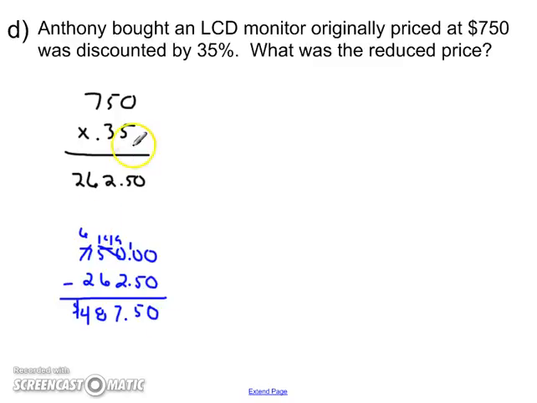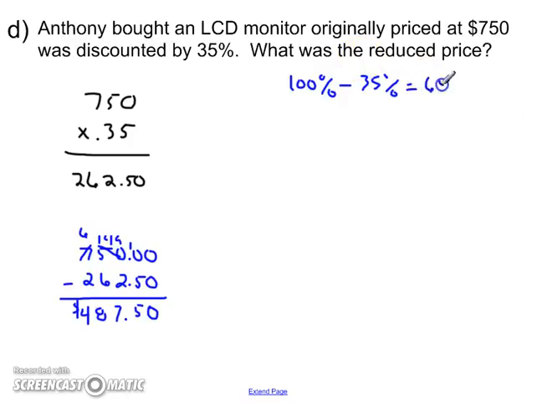Here's the 1-step problem. Okay, and if we think about this as percentages, $750 is the 100% price. But in this particular case, we are subtracting 35%. Well, if I take 100 and I subtract 35%, I am left with 65%.